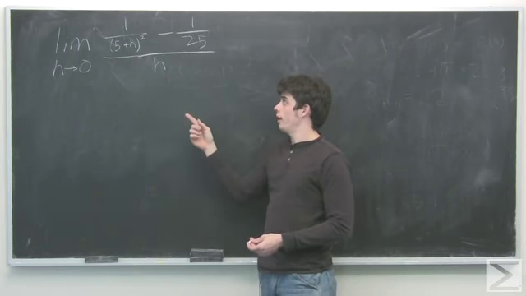So the first thing that I'm going to do is multiply both the top and the bottom by 25 times the quantity 5 plus h squared. And we'll see why this helps us in just a second.